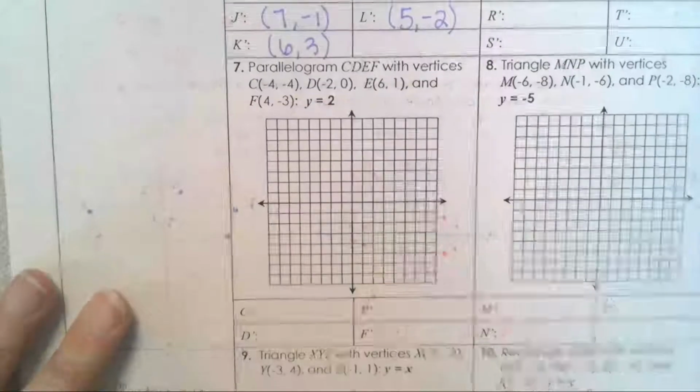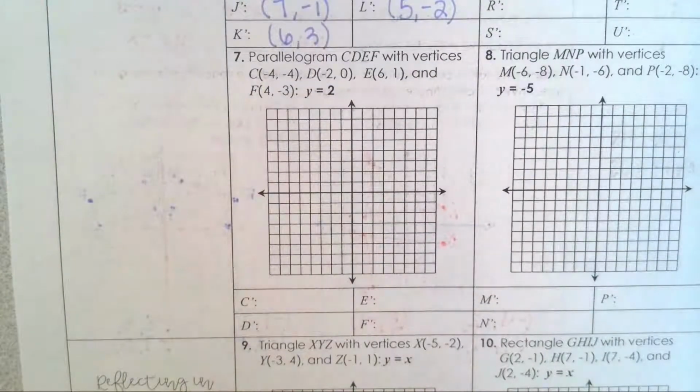Let's look at a horizontal line. Moving on to number 7. So same as last time, I'm going to go ahead and graph my parallelogram.